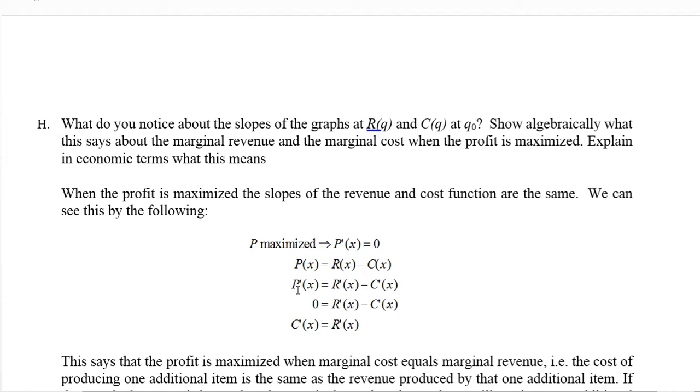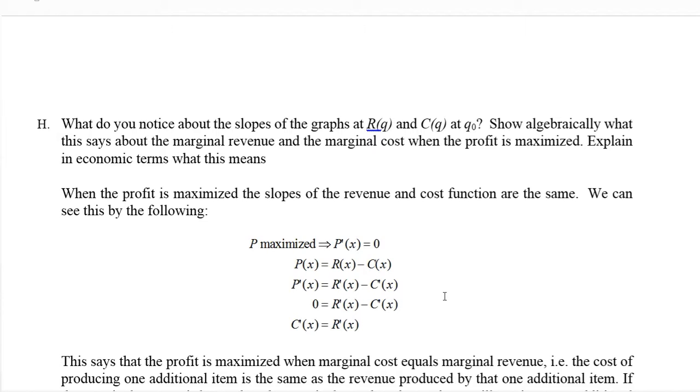minus C of x, P prime of x is R prime of x minus C prime of x by the sum rule. So rephrasing with the words that we use in business a lot, we use the word marginal for derivative when we're talking about many things in business.